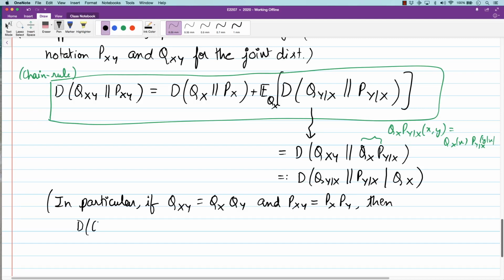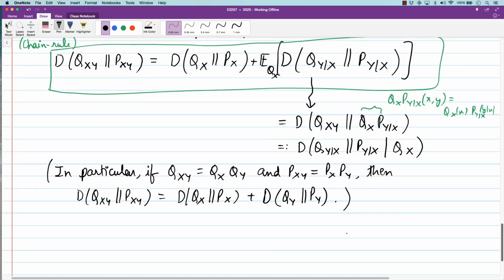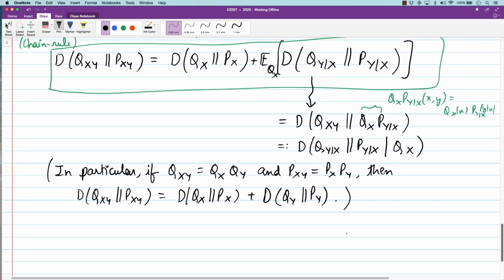D(Q_XY||P_XY) is equal to D(Q_X||P_X) plus D(Q_Y||P_Y). Okay, so that's the claim.